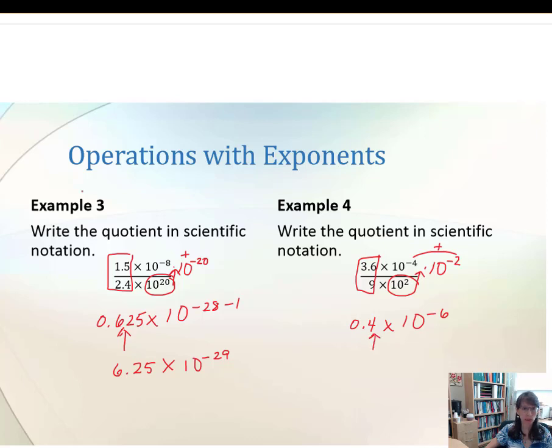I really need to move the decimal one place to the right, so that's increasing by a factor of 10. Compensate by decreasing by a factor of 10. So our final answer in scientific notation is 4 times 10 to the negative 7.